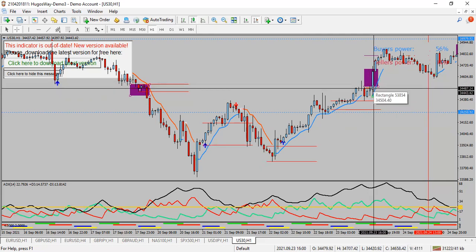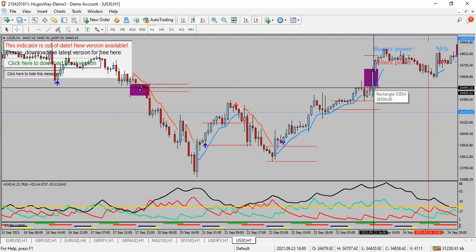So time and price is very important, guys, because if you're trading at the wrong time, your trade is bound to go through a lot of consolidation, and it'll take longer to actually go into profit. So you want to make sure that you're trading in the right time zones, because that really makes a difference.